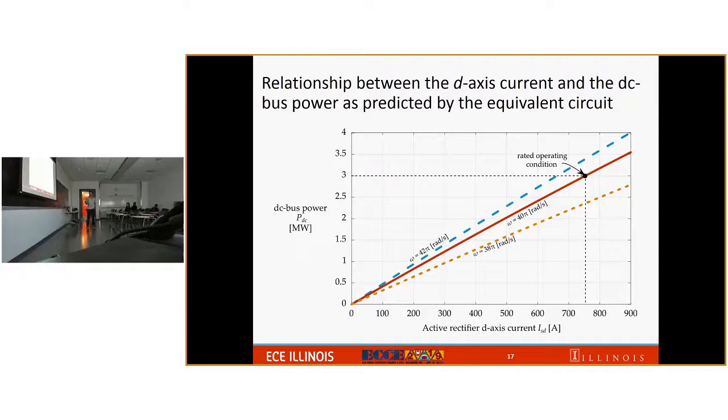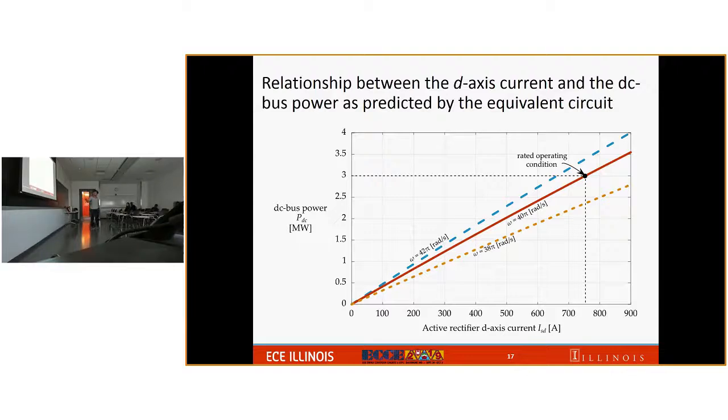So we consider a system at 3 megawatt, and this is the active rectifier D-axis current. When the system is rotating at the rated speed, corresponding to the red line here, you will see that by changing the D-axis current, you can control the amount of power going to the DC bus following the red line.